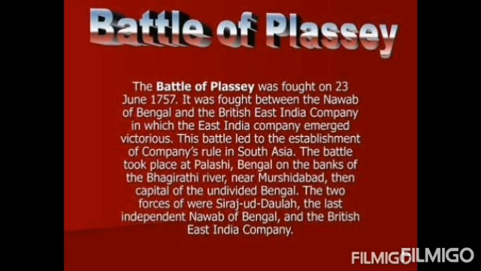Alivardi Khan died in 1756 and Siraj Dawla became the Nawab of Bengal. In 1757, Robert Clive led the company's army against Siraj Dawla at Plassey.